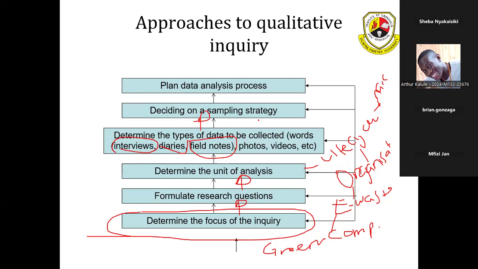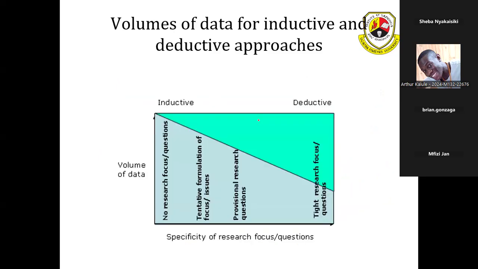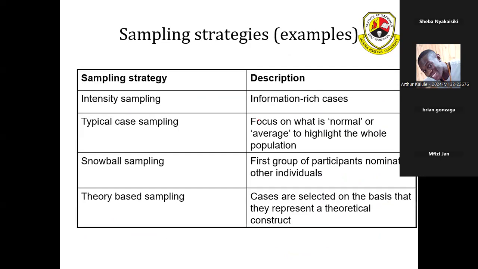So the sampling in qualitative research is quite different, okay? So let me just move a few slides ahead. So I may look at intensity sampling. So this is where I'm looking at everything that could possibly, intensity sampling, I'm looking at every single area.